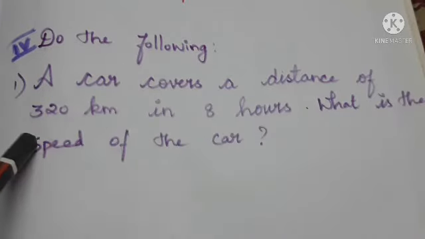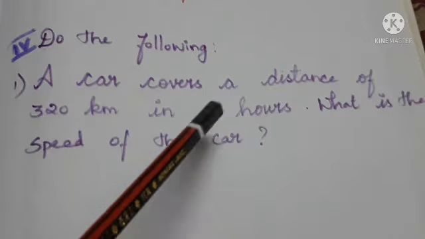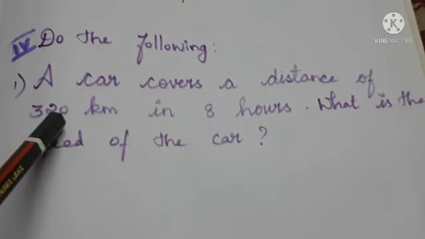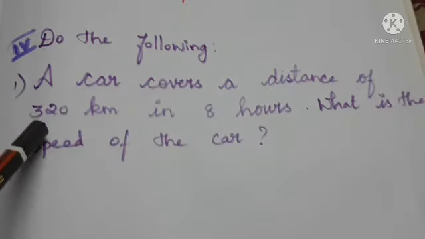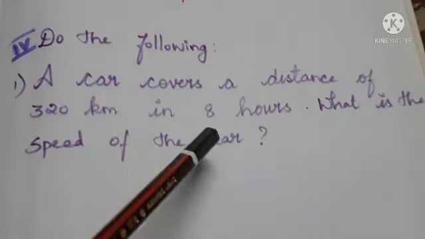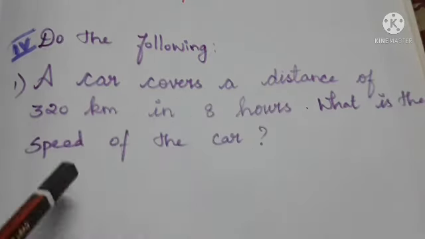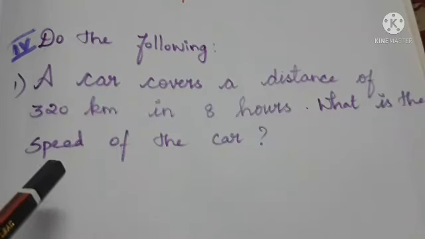So distance is given, time is given. The time is 8 hours, and the distance is 320 kilometers. We want to find out the speed of the car.